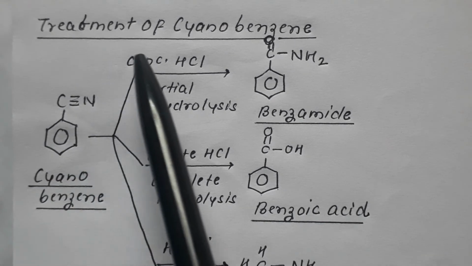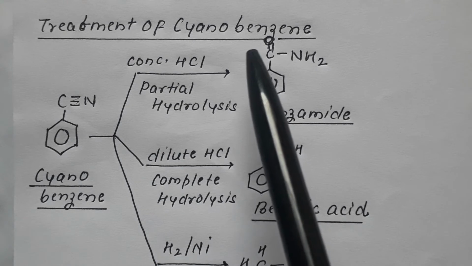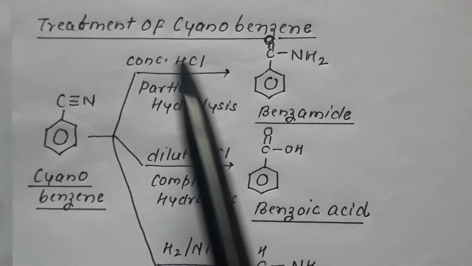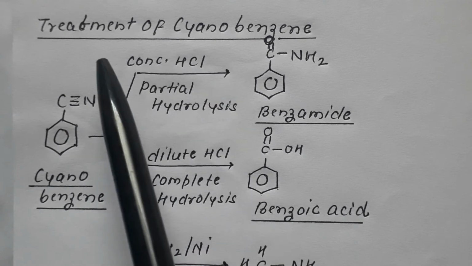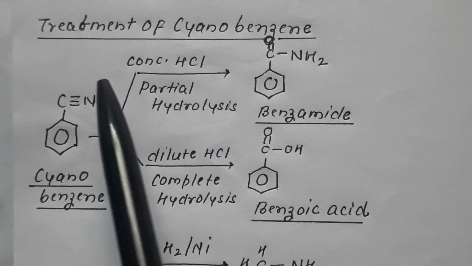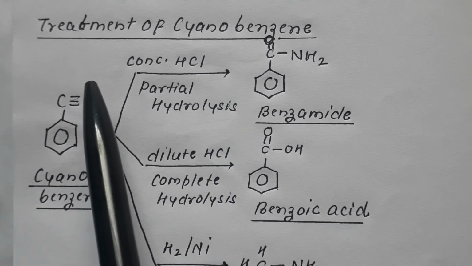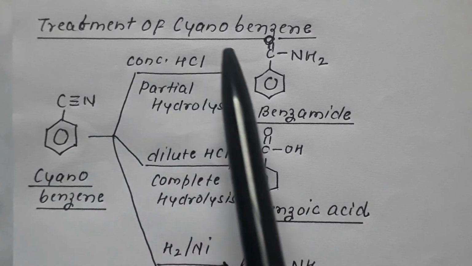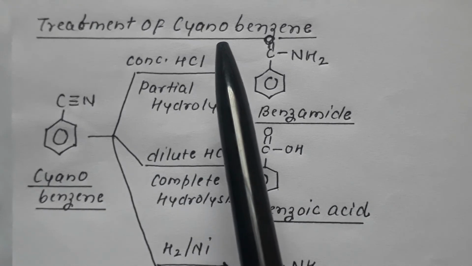So we are dealing with the treatment of cyanobenzene. I have already dealt with treatment of the cyano group in the previous video. You can refer to that video to make yourself aware of how the cyano group can be treated.